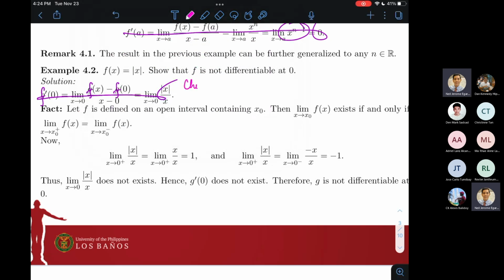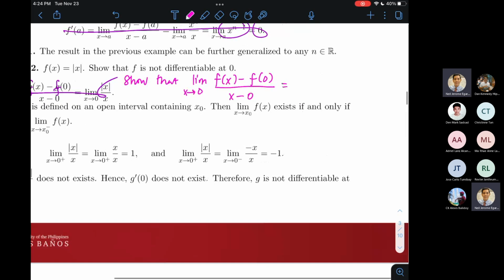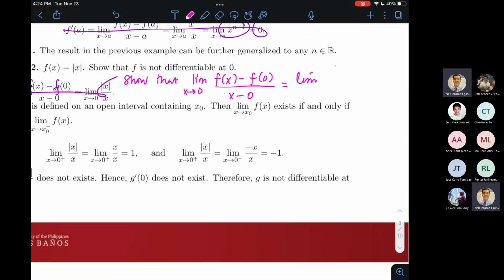So let's check. Basically, we want to show that the limit of f of x minus f of 0 over x minus 0 as x approaches 0, and if f is the absolute value function, this would be the limit of the absolute value of x, absolute value of 0 is 0, all over x as x approaches 0 does not exist.